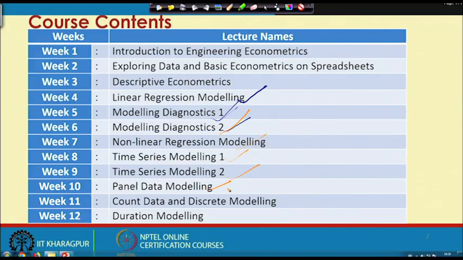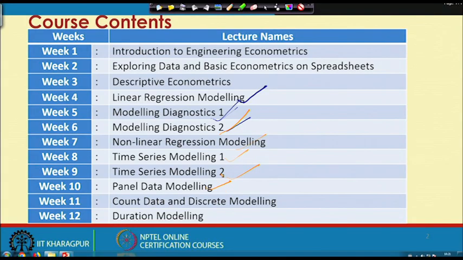And then we will move to unit 11, where we will have count data and discrete modeling, and in the last unit we will discuss a couple of special kinds of modeling, that is called duration modeling, and the detailed items we will highlight in the first lecture itself.